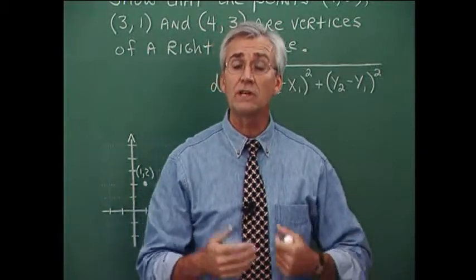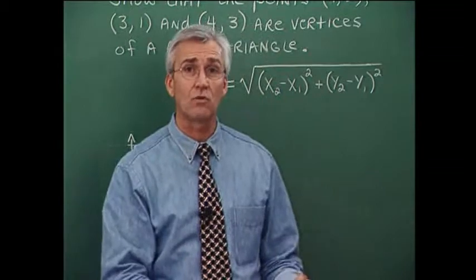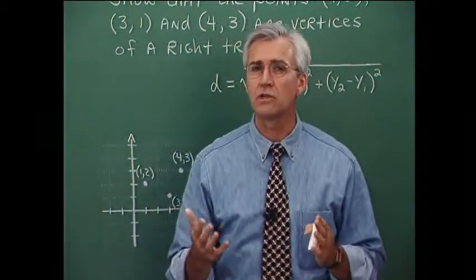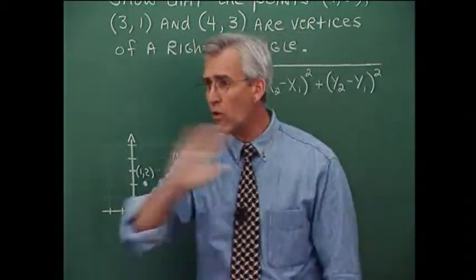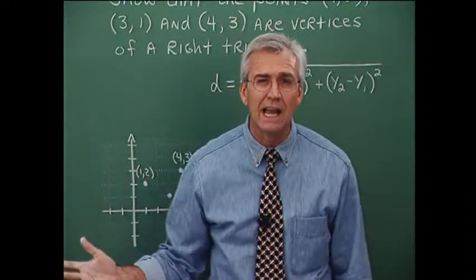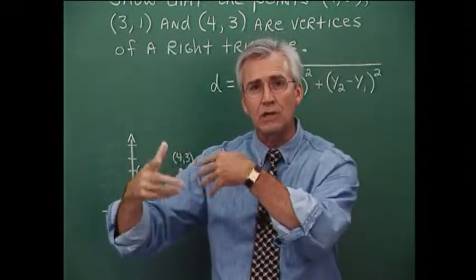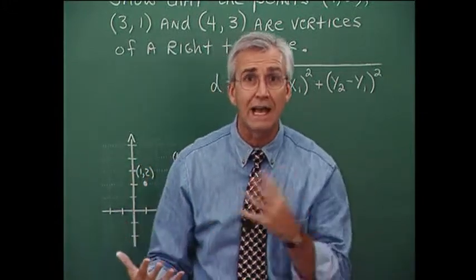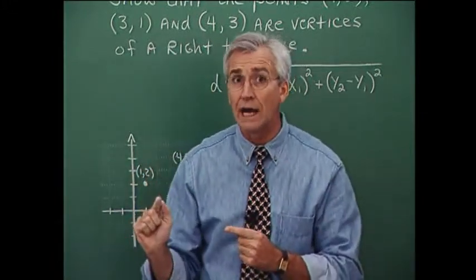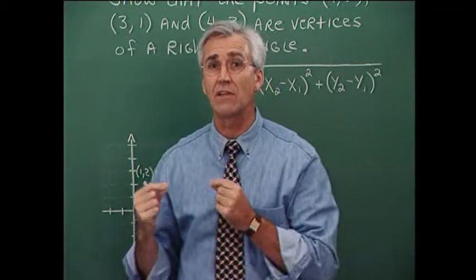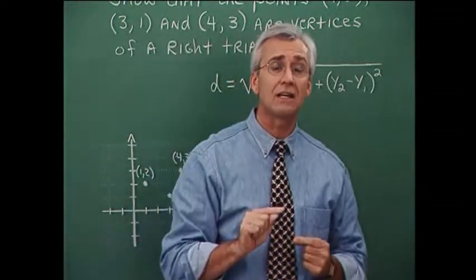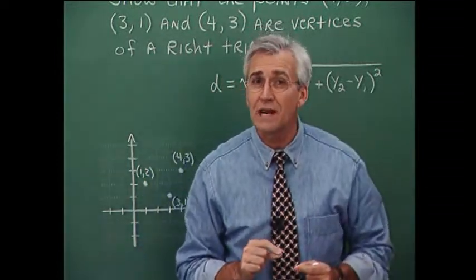You see, we usually start with the idea that we have a right triangle. But it also turns out that if we have any old, ordinary, everyday household triangle, and that special relationship exists among the sides, that is, the square of the long side is equal to the sum of the squares of the other two sides, then we can conclude that we have a right triangle.